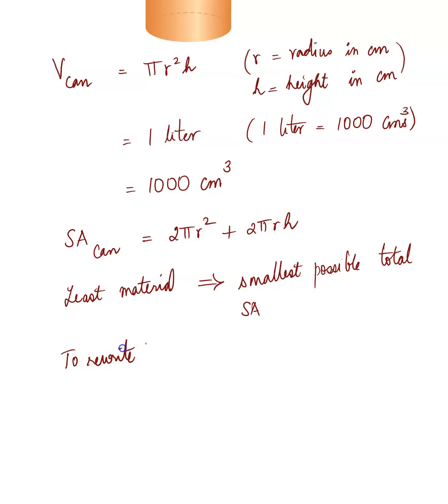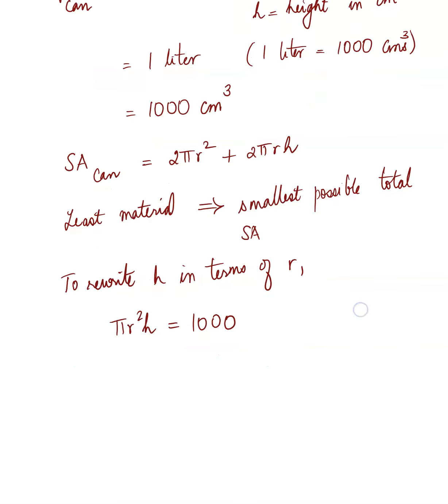To rewrite h in terms of r, we take the volume formula, pi r squared h, which was equal to 1000 cubic centimeters, and solve for h, which means you divide both sides by pi r squared. That gives us 1000 over pi r squared.